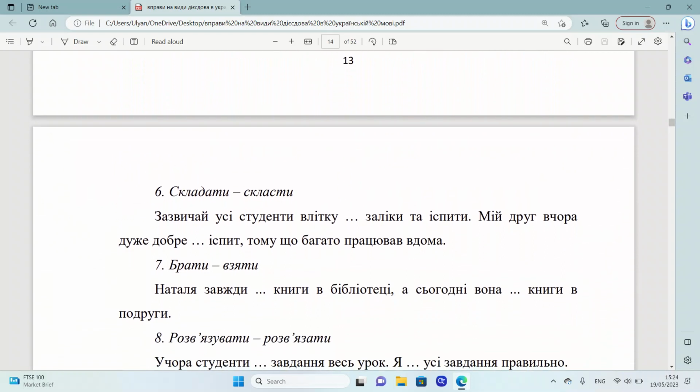Складати, скласти. So this is the заліки and is so to pass a test. So зазвичай усі студенти влітку складають заліки та іспити. Мій друг вчора дуже добре, very good, so it's already a result, склав, в, склав іспит, тому що багато працював вдома.